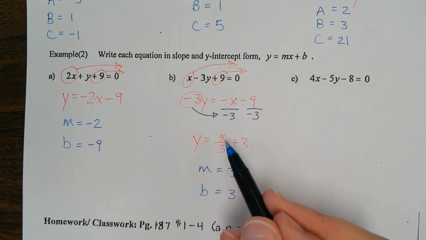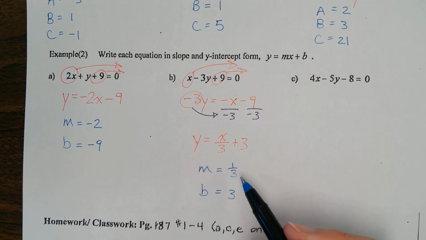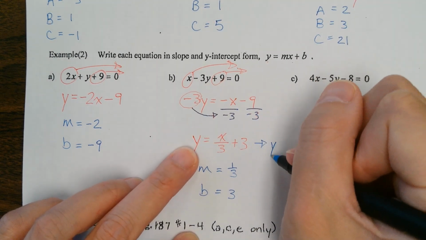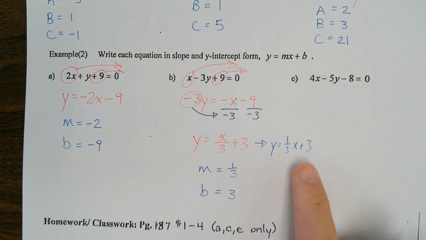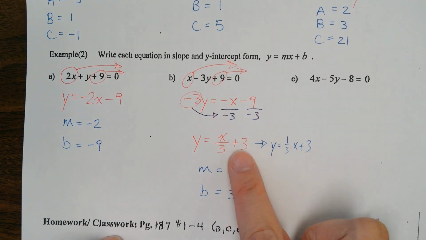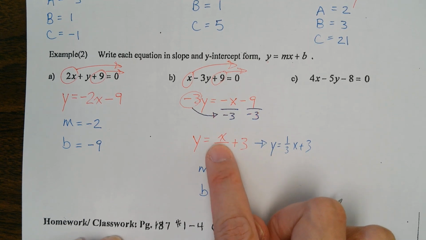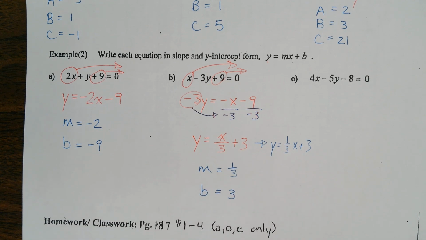I wrote this like this on purpose because I want you to be able to pick out that your coefficient is a third. I could have rewritten it as y equals 1/3 x plus 3. All right? This and this is the same thing. So I need you guys to be able to pick out that your coefficient is 1/3.